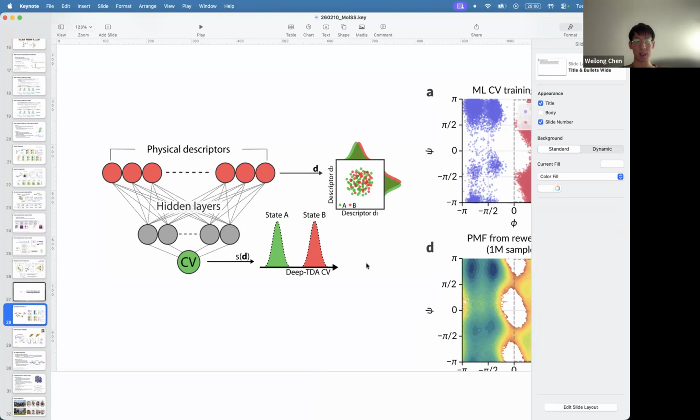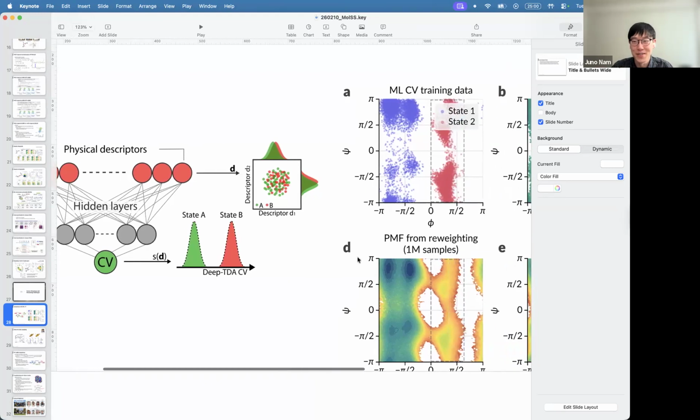Do you think this works well for alanine dipeptide from your experiments? Yes, alanine dipeptide is a toy benchmark, so after a few iterations, usually methods all work for alanine dipeptide.